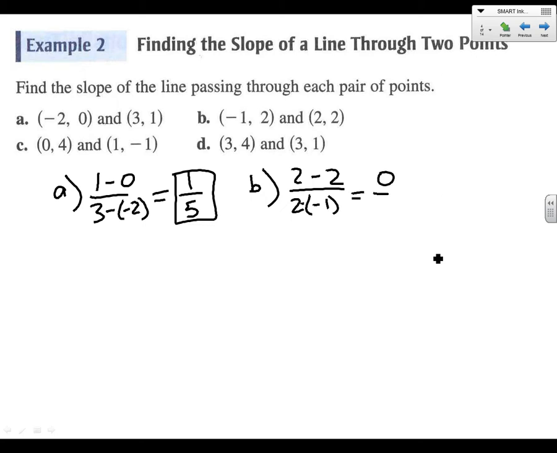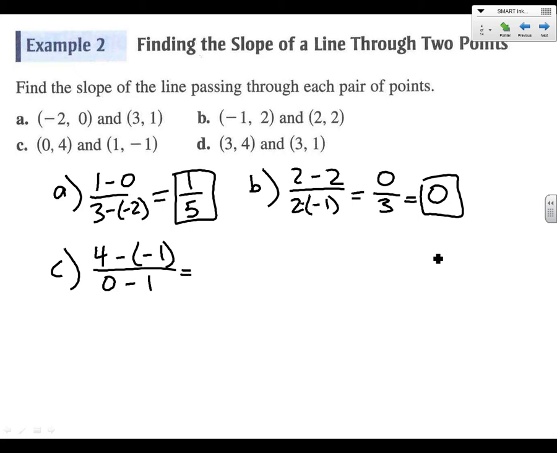I get 0 over 3, so I have a slope of 0 for B. For C, I've got 4 minus negative 1 over 0 minus 1, and I end up with 5 over negative 1, or negative 5.